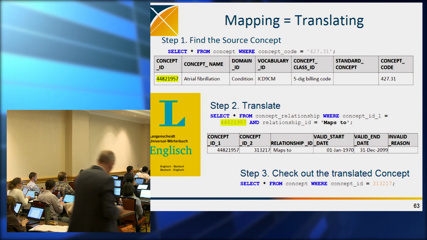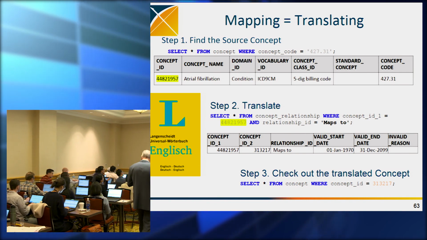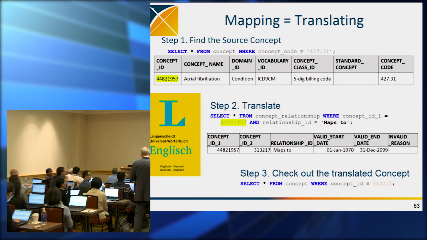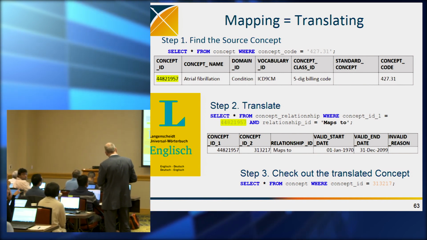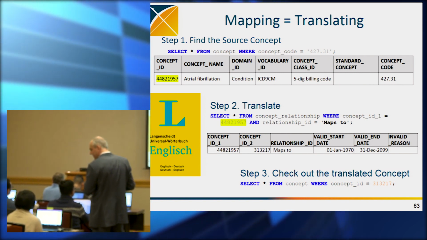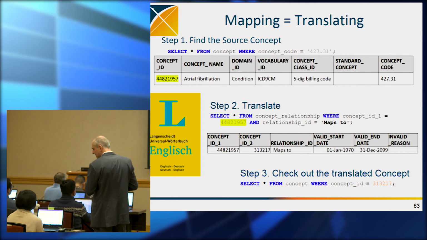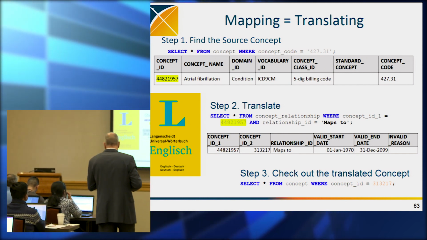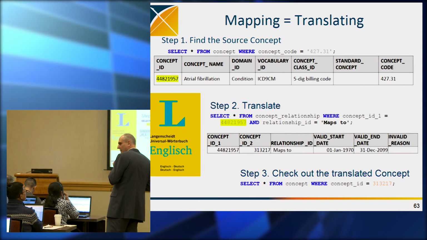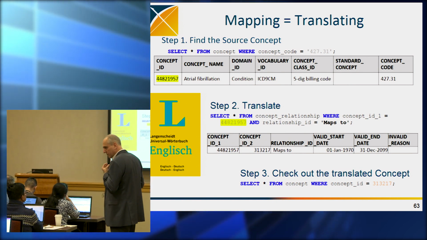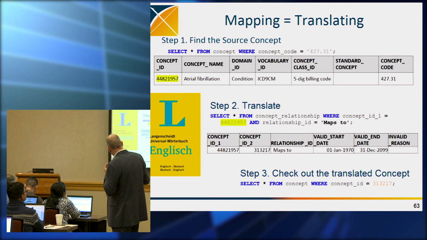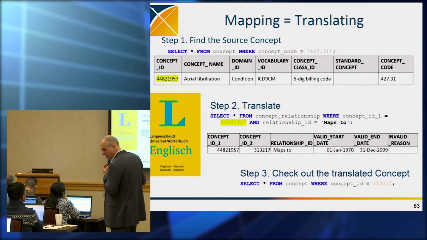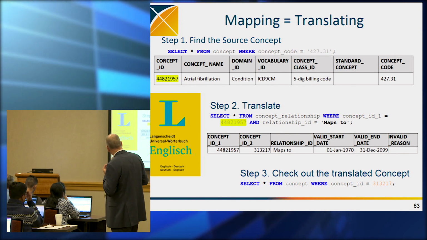Yes, questions? Can concept ID 1 and concept ID 2 be different? So the question is does it matter whether it's concept ID 1 and concept ID 2? No. Concept ID 1 and the concept ID from the concept table.